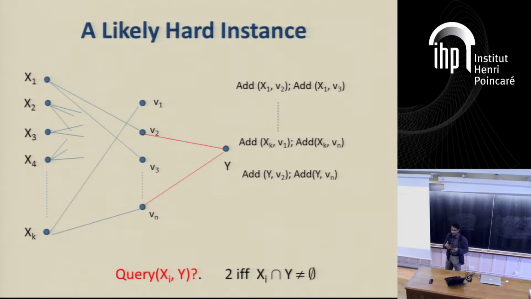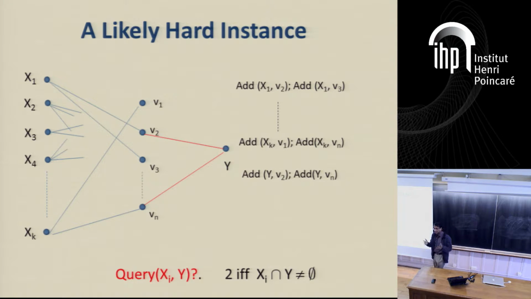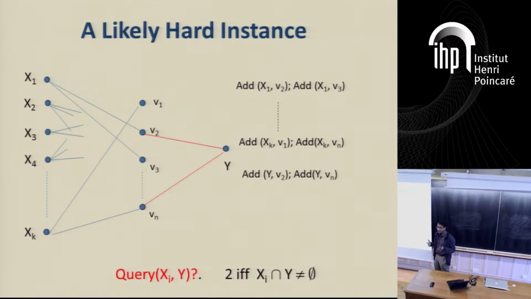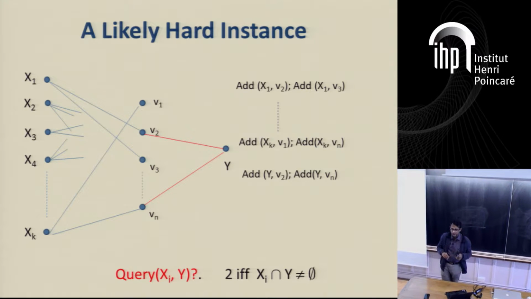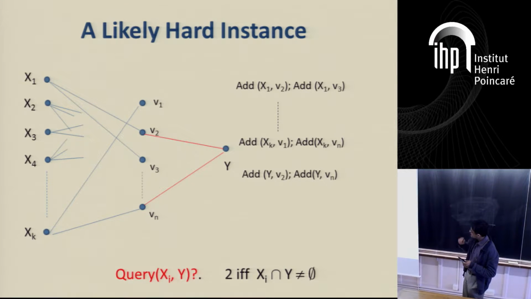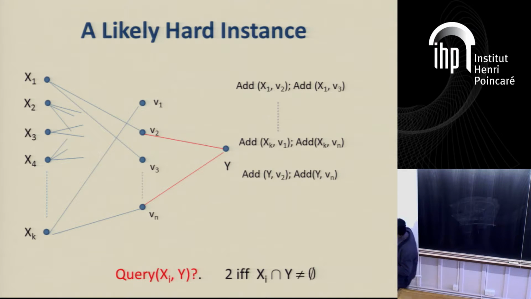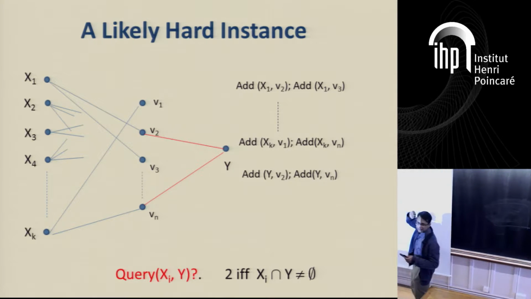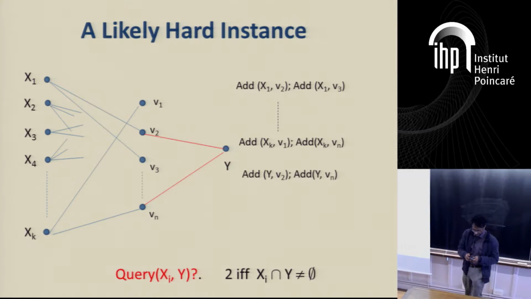Otherwise, the length of the path is at least 4. Maybe there is no path, but it certainly cannot be 2 or less. That happens exactly if this neighborhood set of x intersects with the neighborhood set of y.